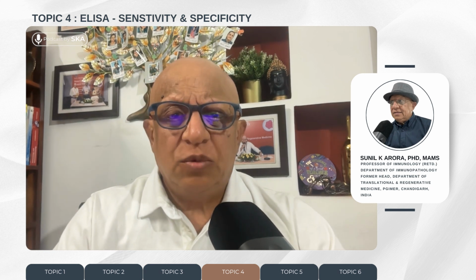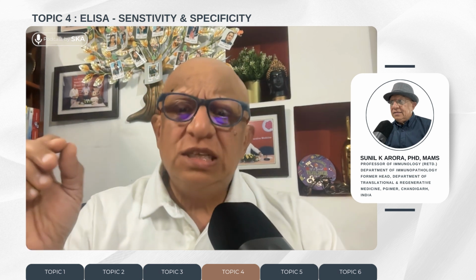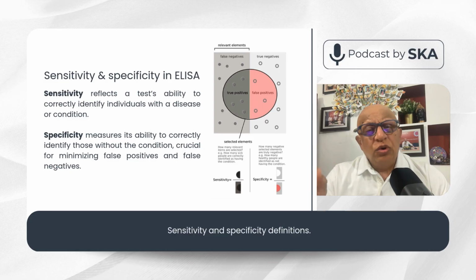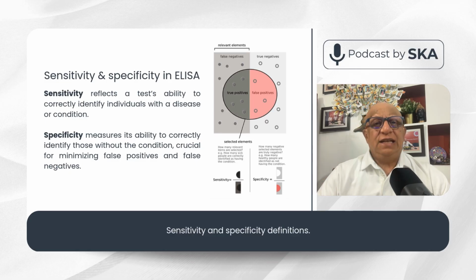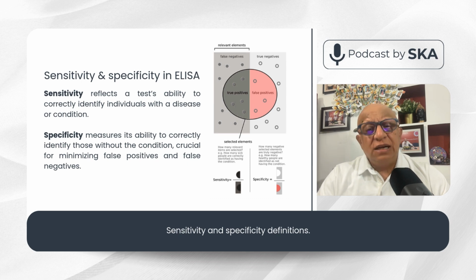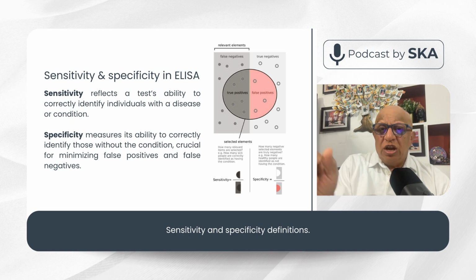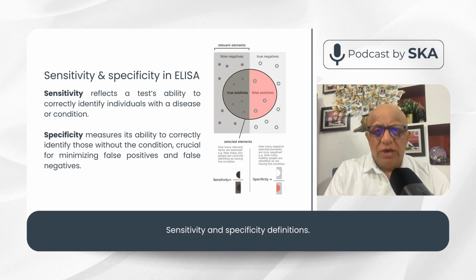When we talk about the sensitivity and specificity of any assay, you know that sensitivity reflects a test's ability to correctly identify the individuals who have the disease condition, like we are looking at the true positives, and specificity measures its ability to correctly identify those which are negative, the true negatives.